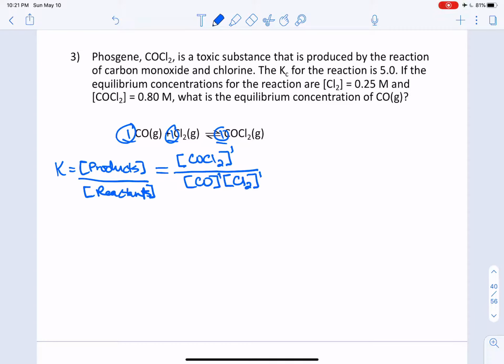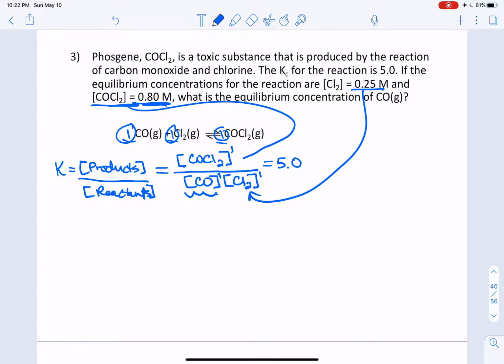Okay, so what we have is that K is equal to 5. We're solving for the concentration of carbon monoxide because the question gives us the concentration of Cl2 and of COCl2. So we need to do a little bit of algebra and plug and chug.